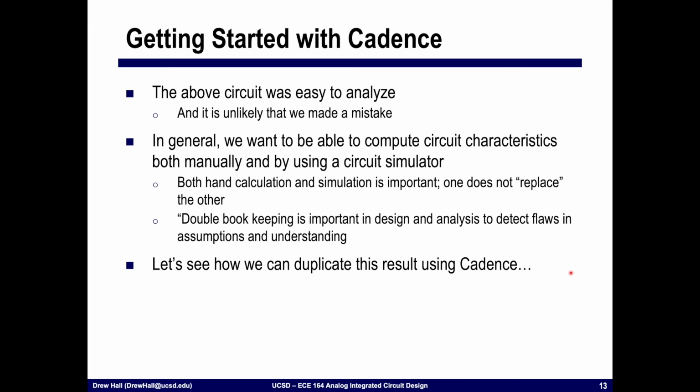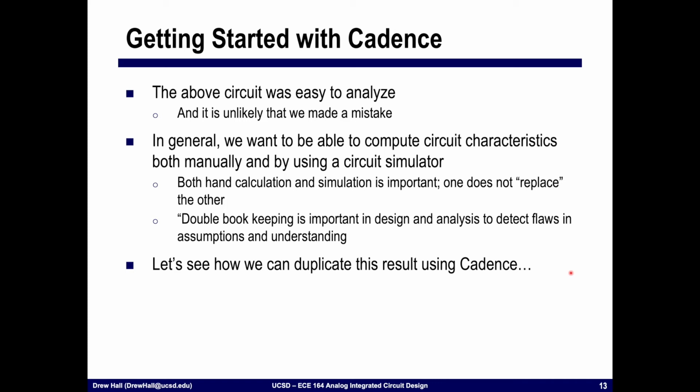We will first do hand calculations, then we will go simulate the circuit, and we will try to resolve the discrepancies. Sometimes in our hand calculations, we'll ignore things like channel length modulation or the body effect under the presumption that they don't have a big effect on the circuit's performance. Whereas the simulator will take into account all of these effects and simulate everything.